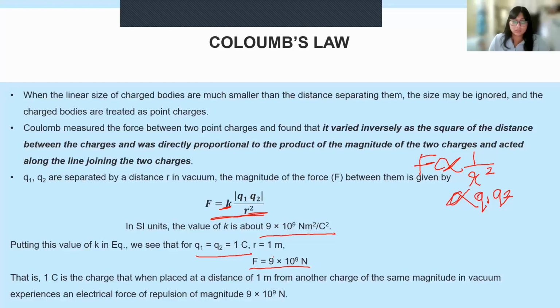We can infer that 1 coulomb is the charge that, when placed at a distance of 1 meter from another charge of the same magnitude in vacuum, experiences an electrical force of repulsion of magnitude 9 into 10 raised to 9 newton. Repulsion, why? Because it's the same charge, same magnitude, same sign. So these are like charges, and that is why they will experience a force of repulsion between them.